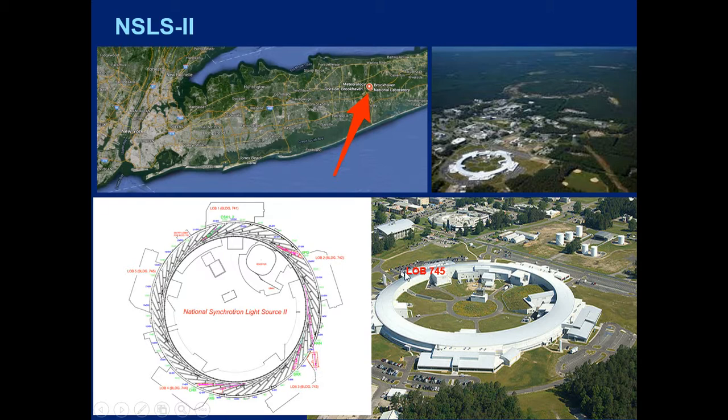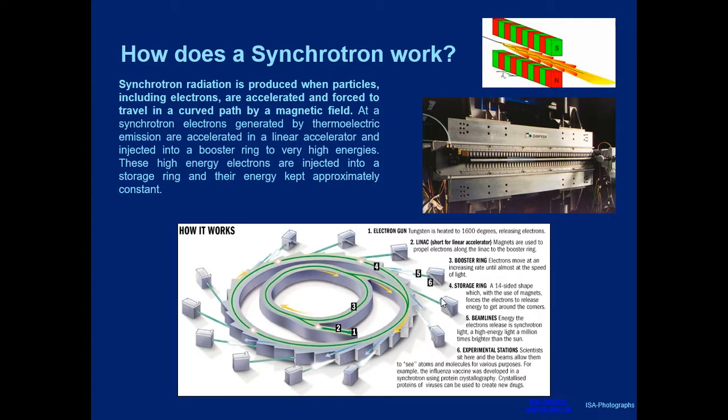We do most of our work at LOB 745, okay, and that's where we have our lab set up and our equipment and what's known as the beamline end station, okay. So how does the synchrotron work? Well, basically what you do is you take electrons and accelerate them in this curved path using magnets.